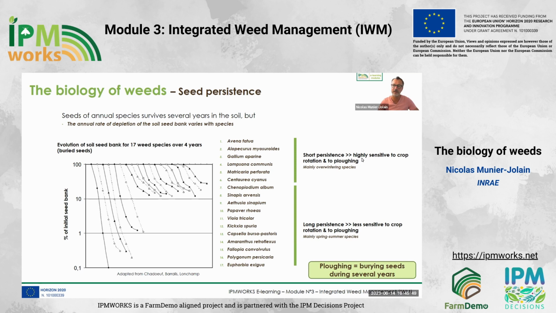These species will be quite highly sensitive to crop rotation and plowing, whereas many long persisting seeds are from species that are emerging in the spring or in the summer, such as Chenopodium album and Sinapis alba.